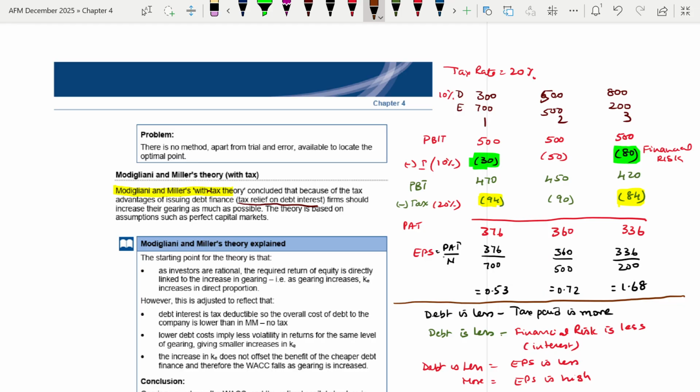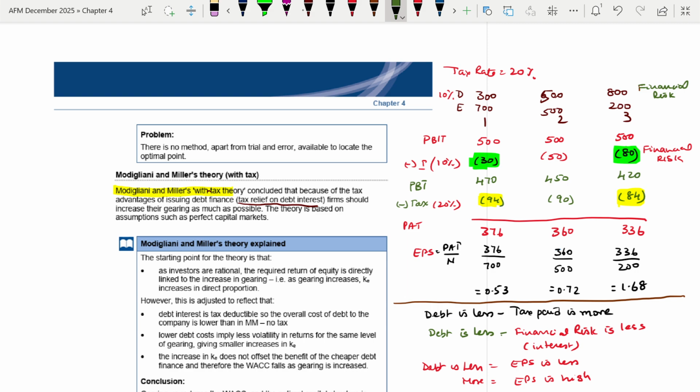Keep it in mind, anything happens, you take another interpretation: how much the shareholders will lose. This is the financial risk. We are talking about the financial risk with respect to interest, and also with respect to the amount invested. If there is a bankruptcy, how much will the shareholders lose?